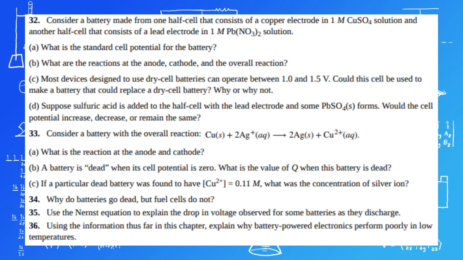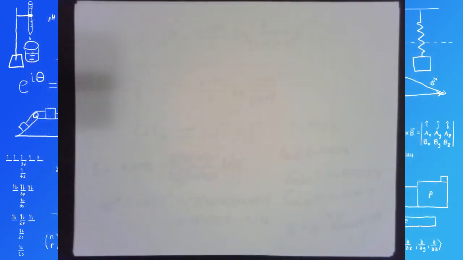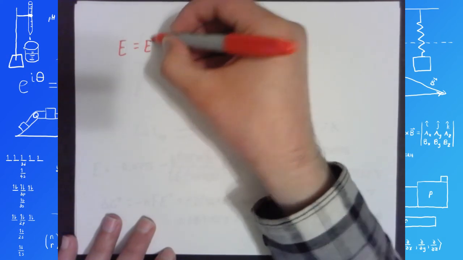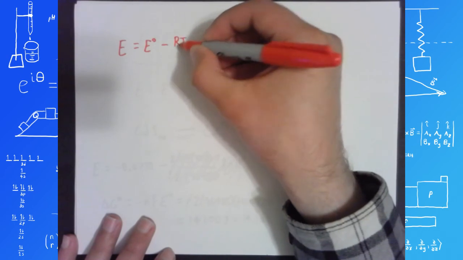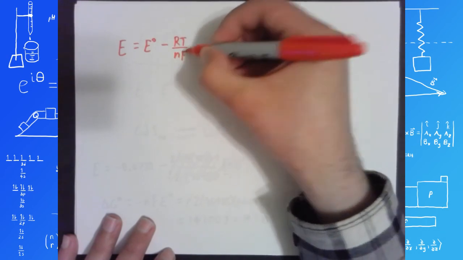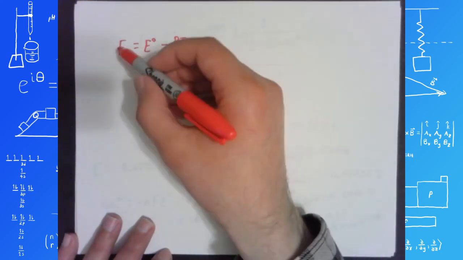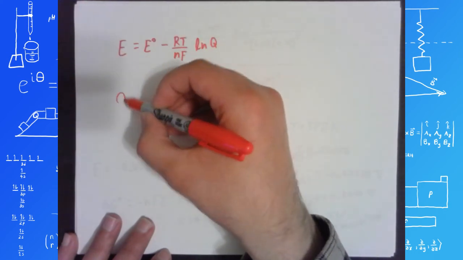Interesting. We would just use the nonstandard cell potential equation. So we would say E nonstandard equals E standard minus RT over NF times ln of Q. And when the battery is dead, E is 0.